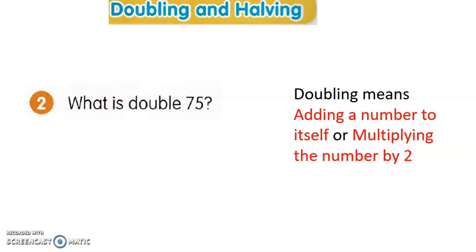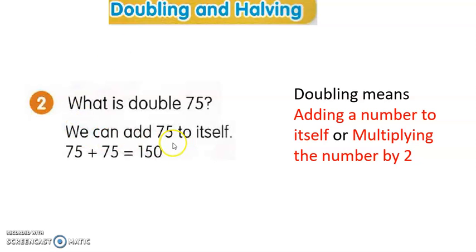We can actually do the doubling by adding 75 to itself. So 75 plus 75 equals 150. So the double here of 75 is 150. We can do this by multiplying 75 by 2, which gives us the same answer, 150.